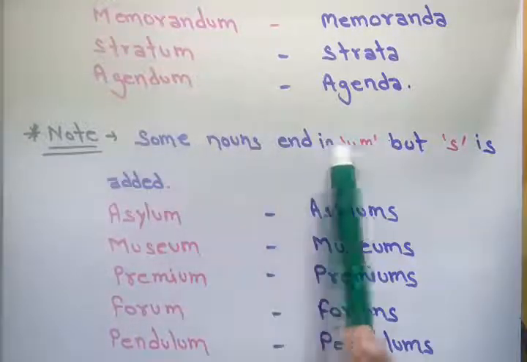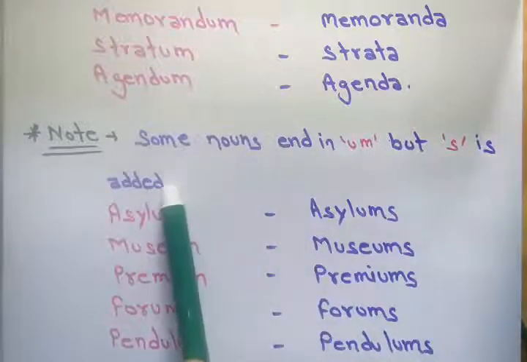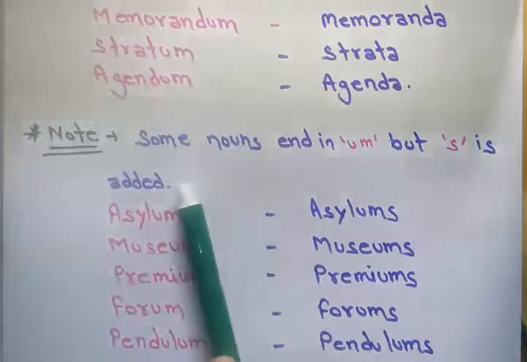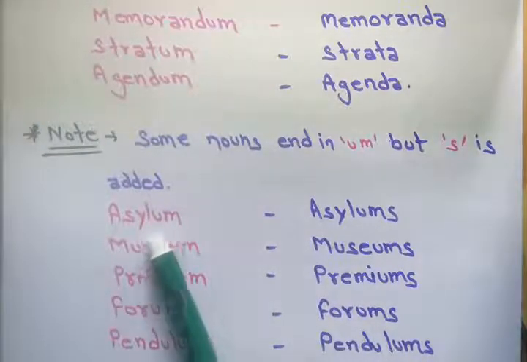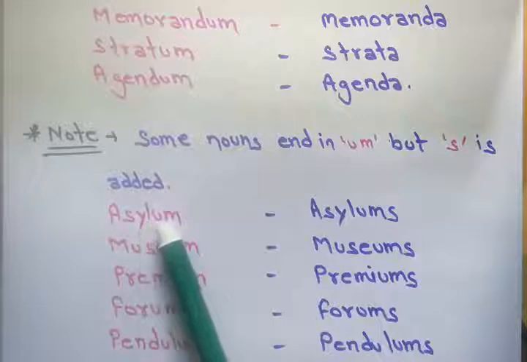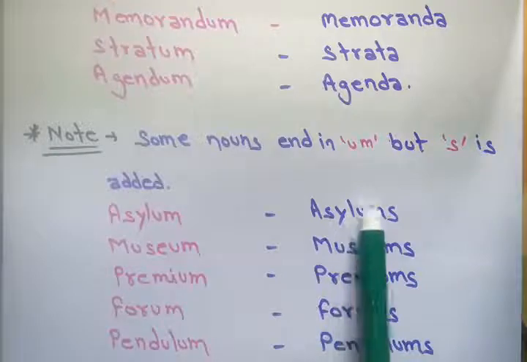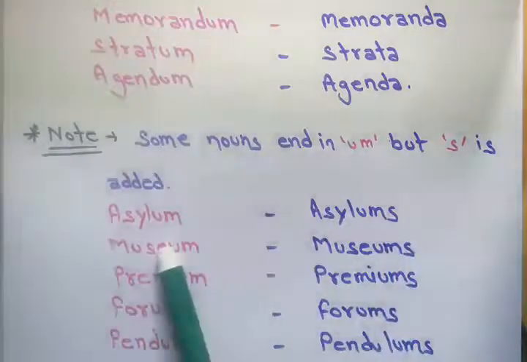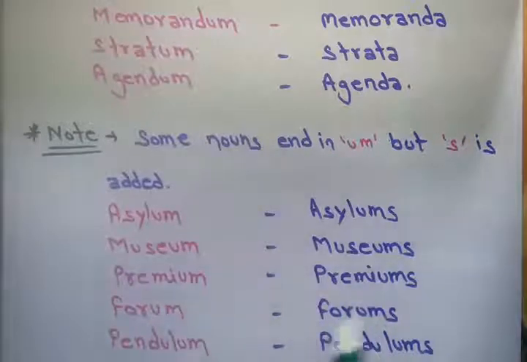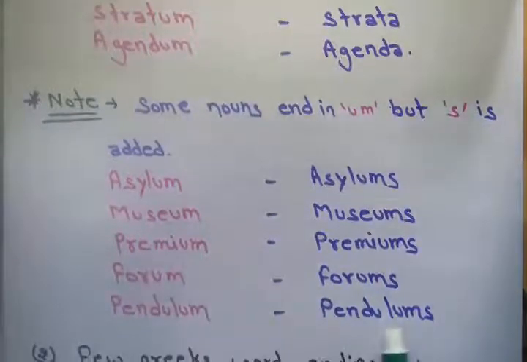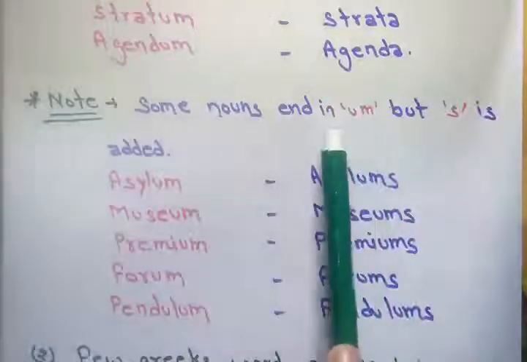Some nouns end in um but s is added. These are some exceptions. For example, asylum, asylums, museums, premiums, forums, pendulums. So these are some exceptions for this method.